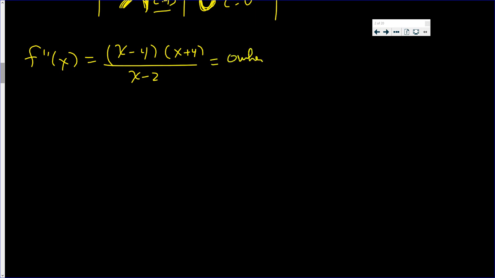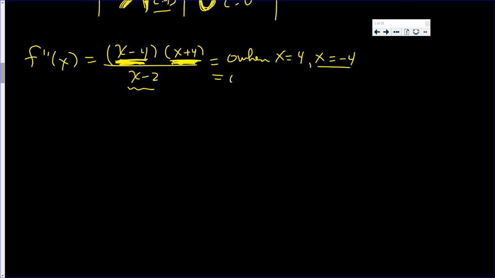It's 0 when the top is 0, which is at 4 or negative 4. 4 minus 4 is 0, times whatever is still going to be 0. And it didn't make the bottom 0. And when x is negative 4, this factor will be 0. So regardless that this is negative 8, when you multiply it by 0, you're going to get 0. And then when you divide it by negative 6, it's still 0.